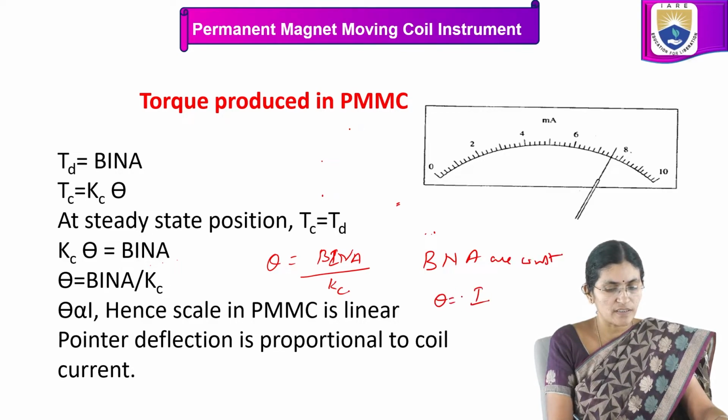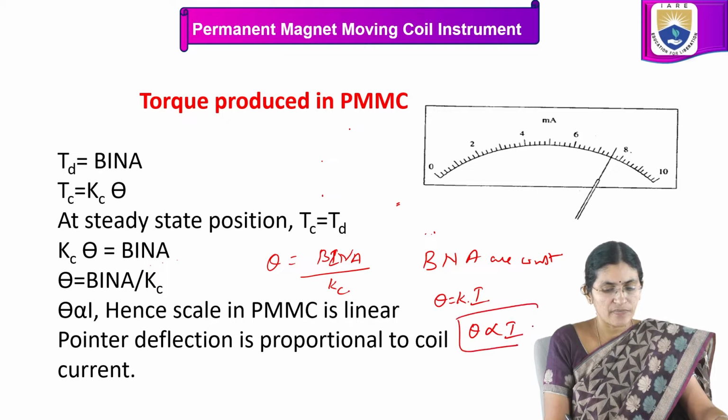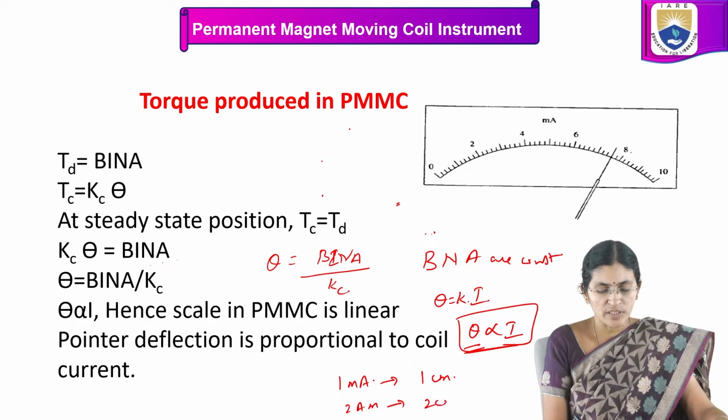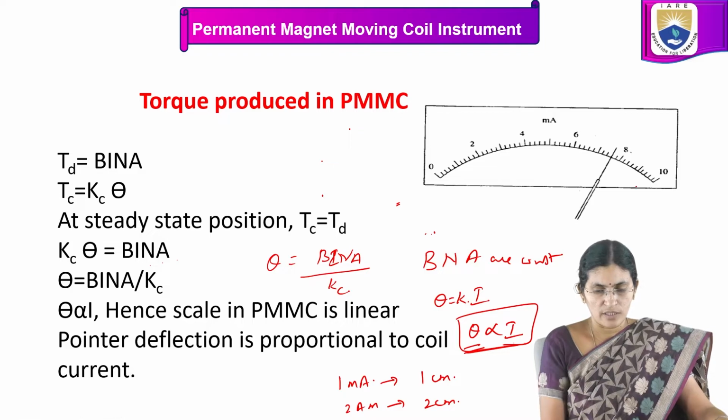So we can write theta is equal to K into I. So theta is proportional to I. That is, the pointer deflection is proportional to the coil current. From this we can say that the scale of the PMMC instrument is linear. For 1 milliampere current, if the meter produces a deflection of 1 centimeter, then 2 milliamperes will produce 2 centimeter movement of the coil.